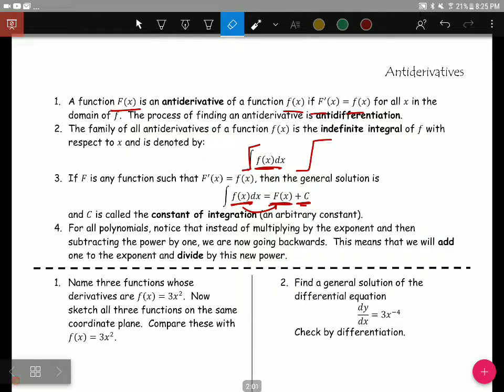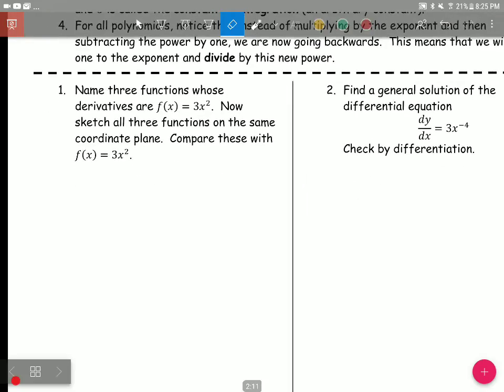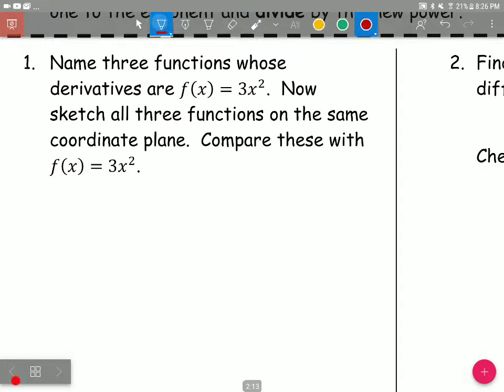For all polynomials, notice that instead of multiplying by the exponent and then subtracting 1 from the power, we are going backwards. This means we will add one to the exponent and divide by its new power. So basically, we are going to take your exponent and up it by 1, and then divide by your new exponent.